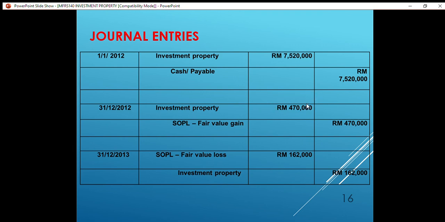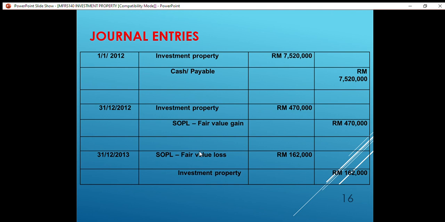So we debit 470,000 and credit SOPOL fair value gain 470,000.